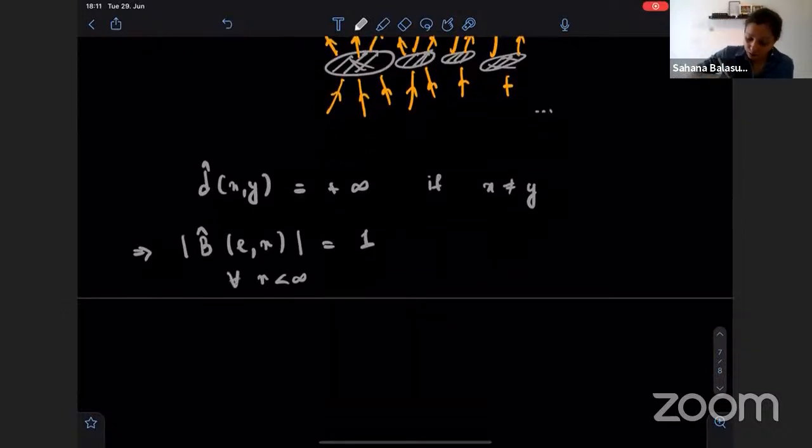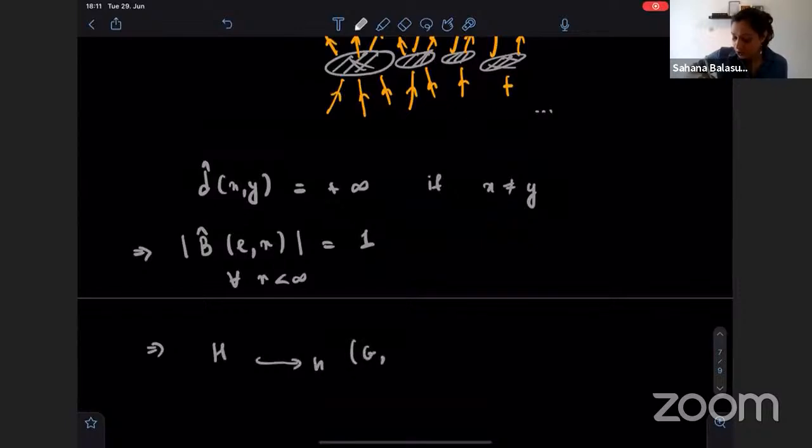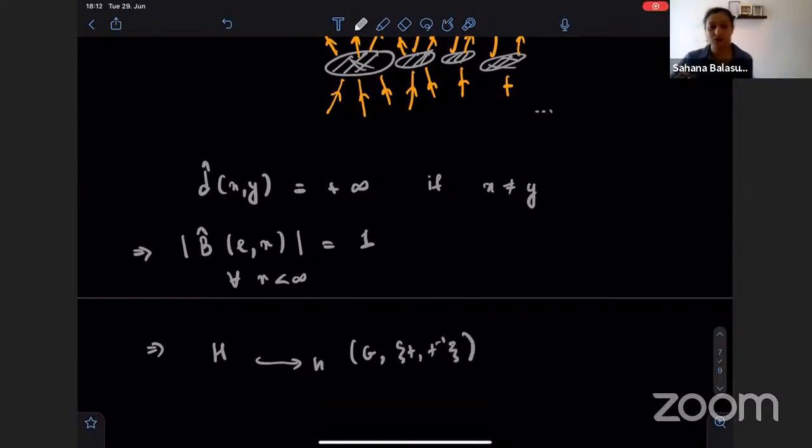And therefore, you get that H is hyperbolically embedded into G with respect to our choice of X. And this is always the case, irrespective of what cardinality H has.